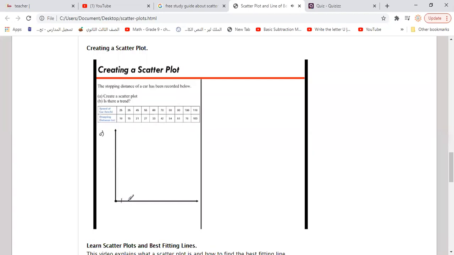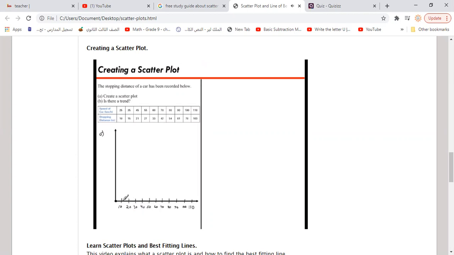So there's my first dash. I'll have a second dash there, a third dash there, a fourth, and then we'll just continue that trend. There's my dash marks. Now I can start numbering them from 10 all the way up to 110, and they go up by 10 each time. So there's 20, there's 30, and so on.